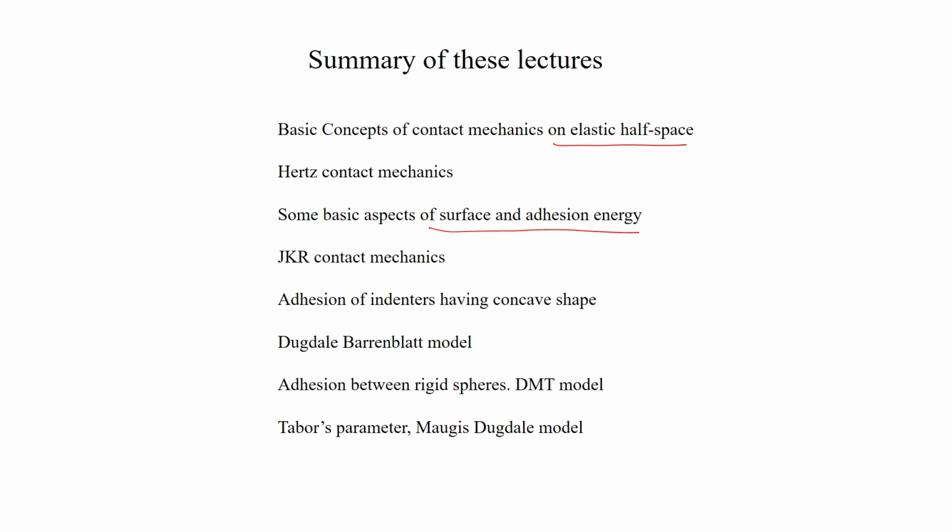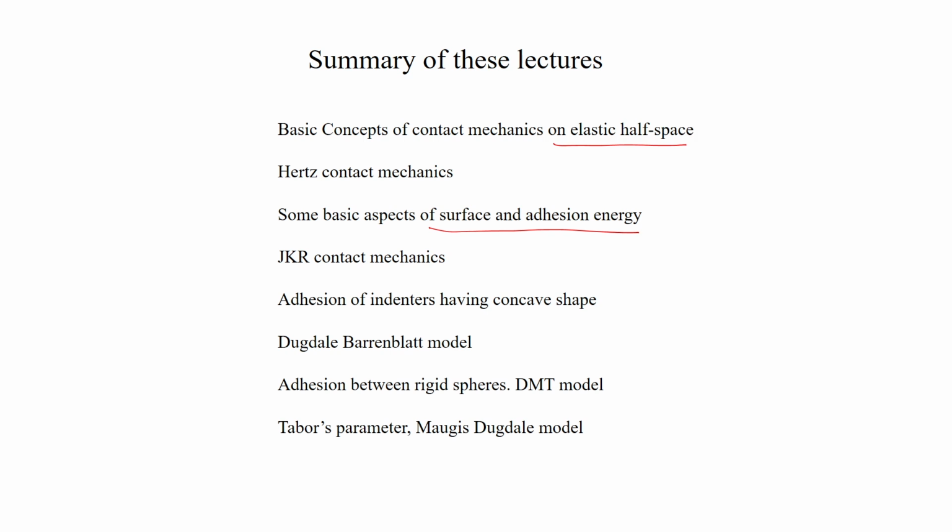Then I moved to JKR contact mechanics. I considered both spherical and elliptical or ellipsoidal geometry, and then I discussed adhesion of indenters having concave shape. In the JKR contact mechanics I used both the surface energy, surface mechanics way of understanding it, and also fracture mechanics.